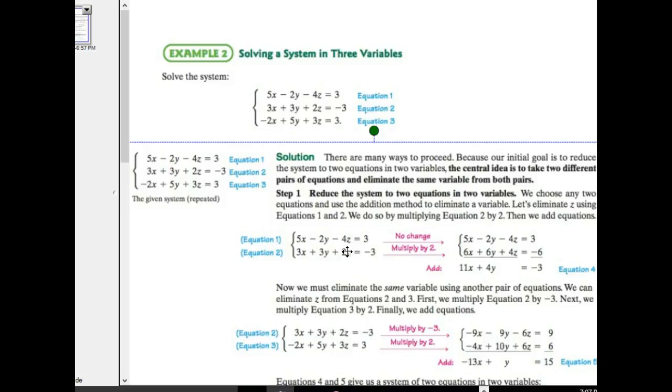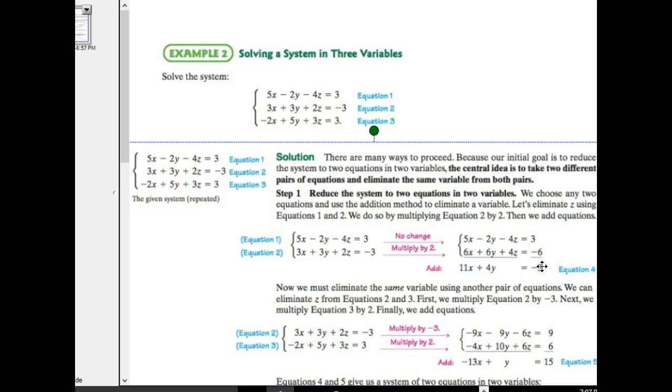Now you're going to add those equations together, and when you do, you're going to get 11x plus 4y. Notice that your z's here are opposites of each other and therefore eliminate each other, which is called the elimination method. And then 3 plus negative 6, of course, becomes negative 3. Now, that's equation number 1.